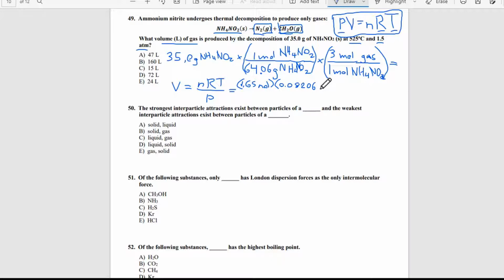It's actually 62.4. But for kilopascal liter per Kelvin mole, it would be 8.314.